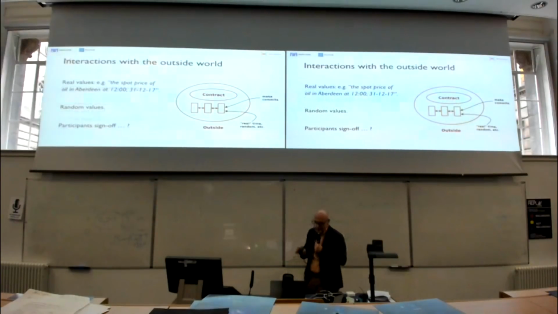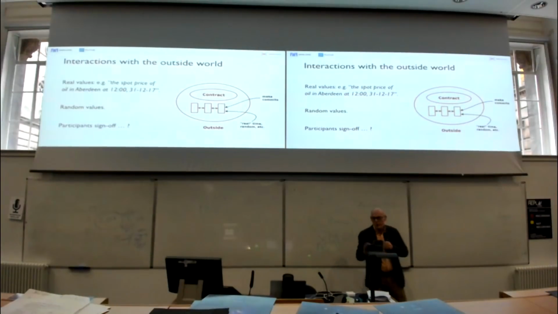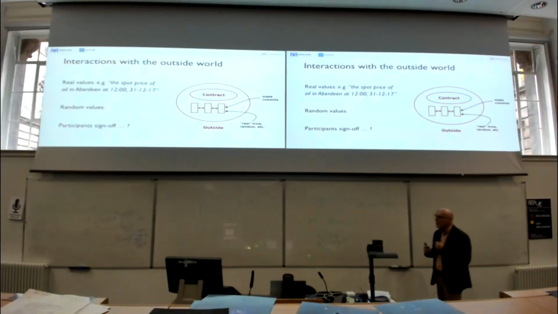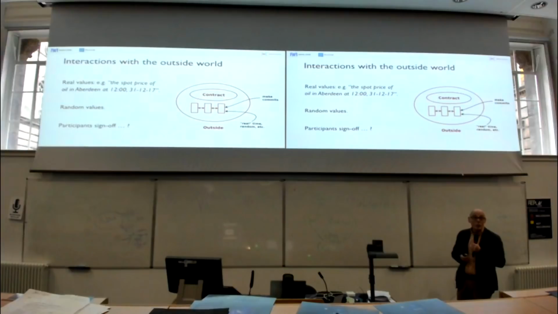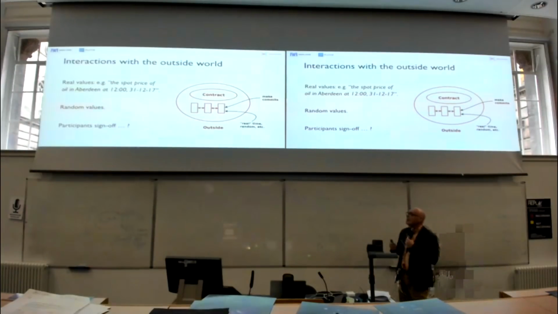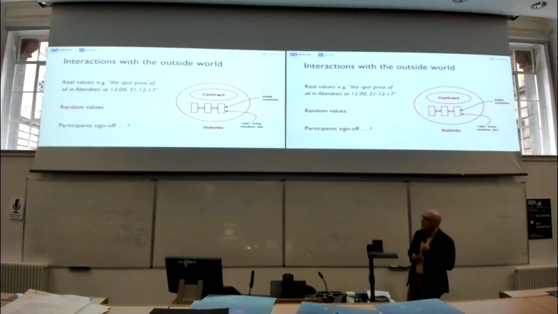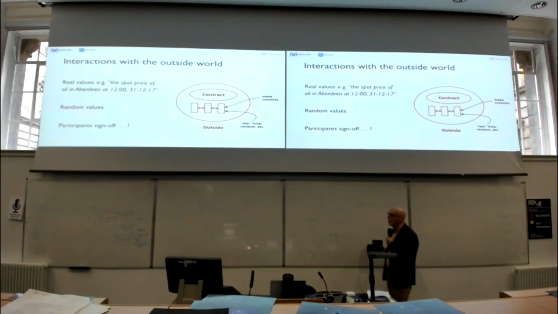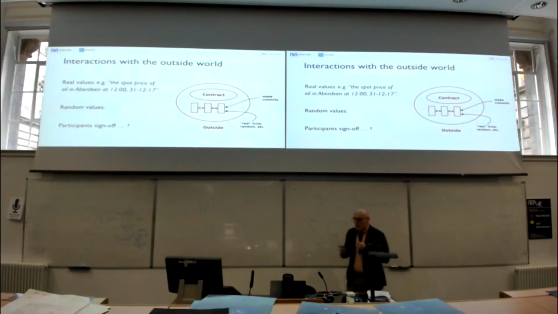I'm not going to say a huge amount about this. It's on the agenda for the Plutus project and for Marlo in the next few months: thinking about how we deal with oracles, observations, things coming from the real world. How do you generate random values, for example? You want a source of randomness. How do you incorporate that into a contract?